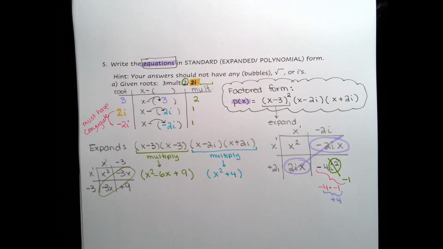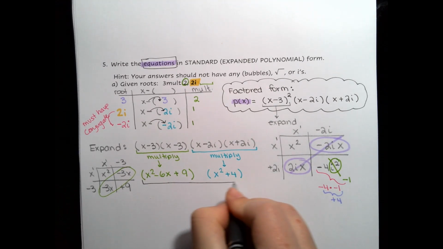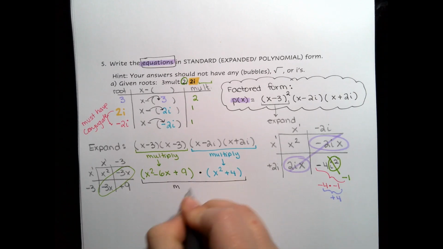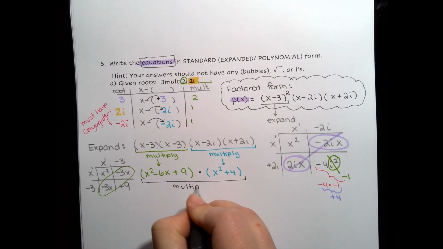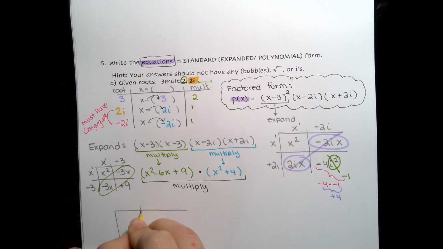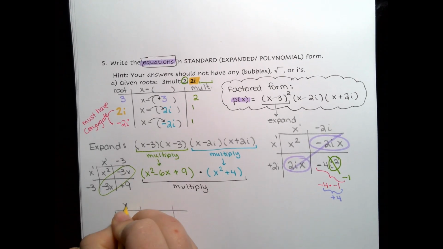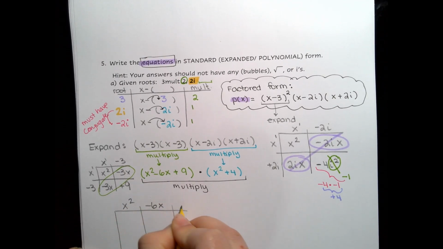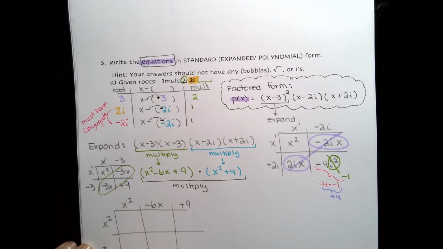Now I need to multiply these together. Again, I encourage you to do a box method. The reason I like the box method is just because it helps you organize your thoughts. So we got x squared minus 6x plus 9 and a binomial of x squared plus 4.